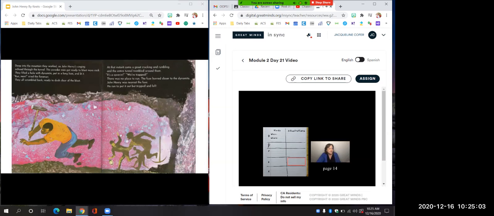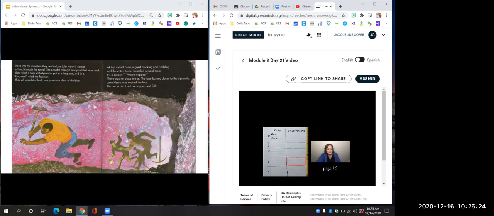Deep into the mountain they worked, as John Henry's singing echoed through the tunnel. The powder men got ready to blast more rock. They filled a hole with dynamite, put in a long fuse, and lit it. "Run, men!" cried the foreman. They all scrambled back, ready to dash clear of the blast.